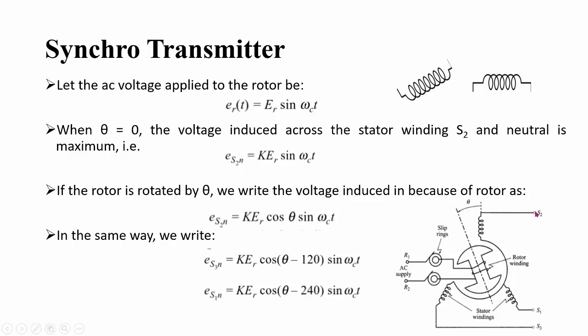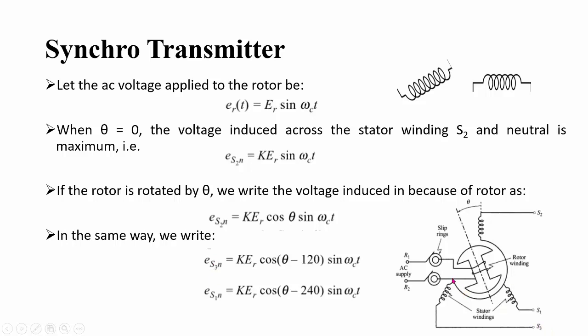So S2n means the voltage that exists between this particular point and this point. S1n means the voltage that exists between this point and this point, while S3n is the voltage that exists between this point and this point. So S2n, S3n is the voltage that exists between this particular terminal and this particular point or the arc.